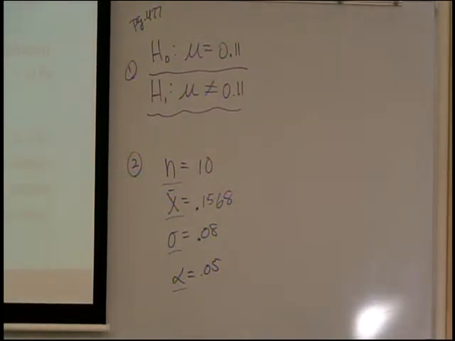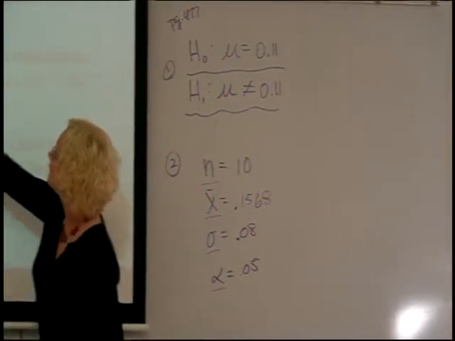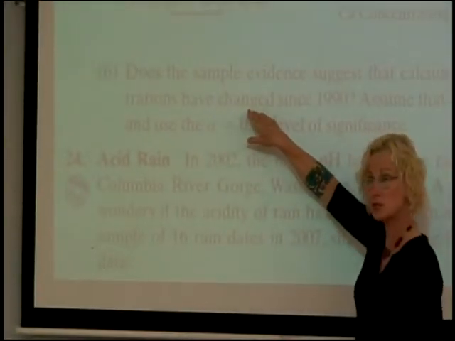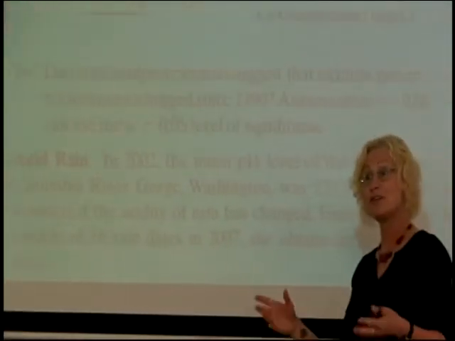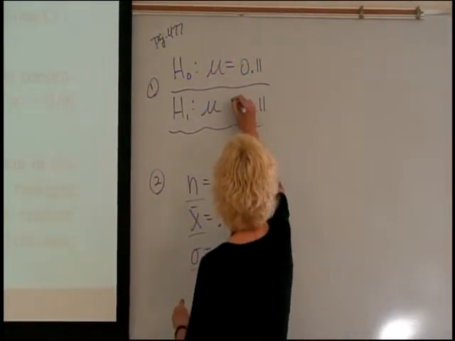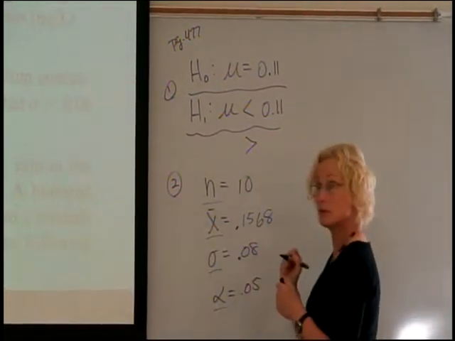Okay, so at the end it says, so here's the question. Does the sample data or sample evidence suggest that calcium concentrations have changed? Otherwise they would have said had decreased or had increased.